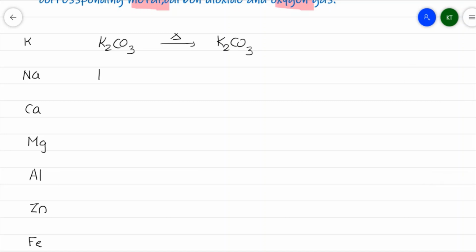In the same way, I have Na2CO3. When I heat it, there is no change; Na2CO3 remains Na2CO3. Then I have CaCO3, calcium carbonate, which is commonly known as limestone.